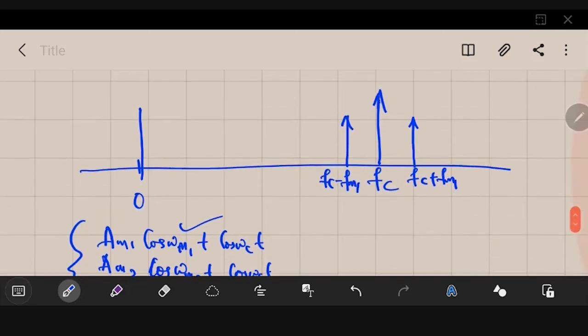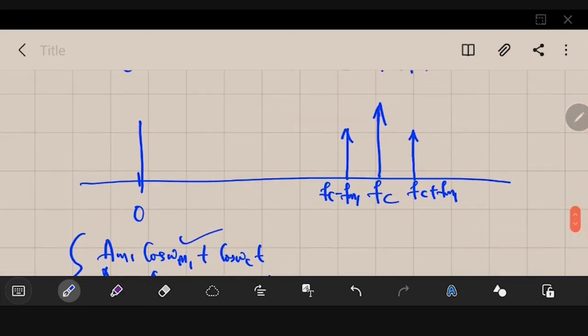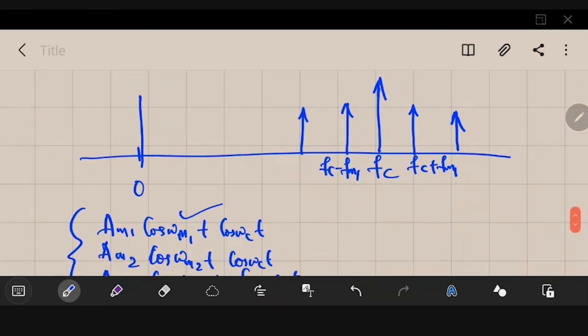Then the next signal will be here. Obviously the amplitude may not be the same. I have drawn it the same, but it may not be. This one is your fc plus fm2, and this is fc minus fm2. Then let's say a third signal is there, so the third signal might be here also.